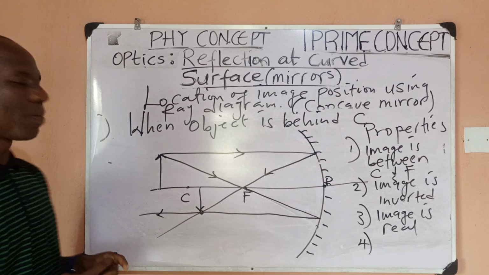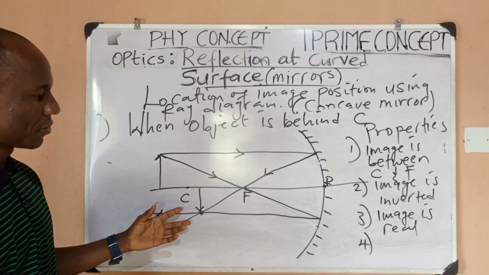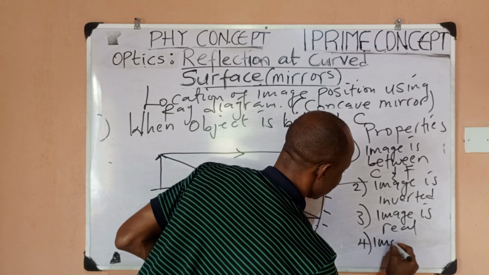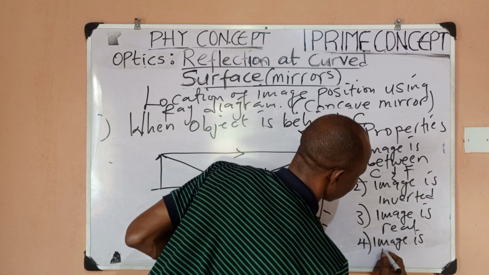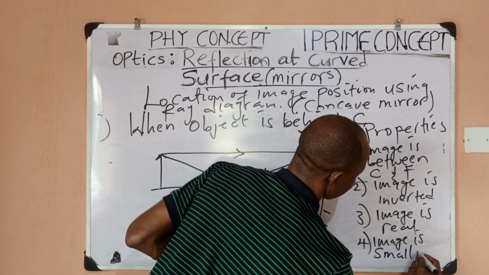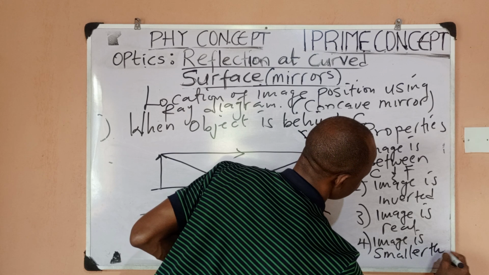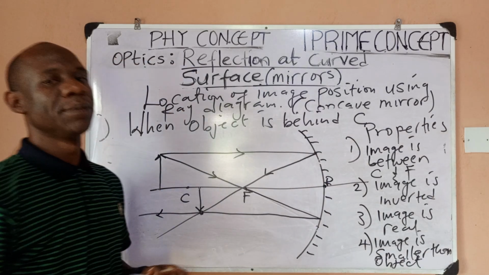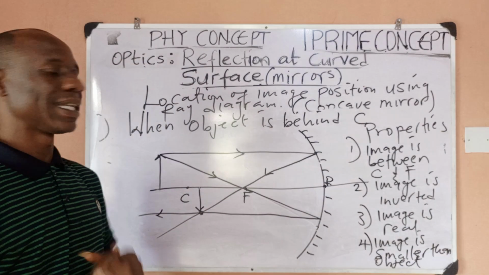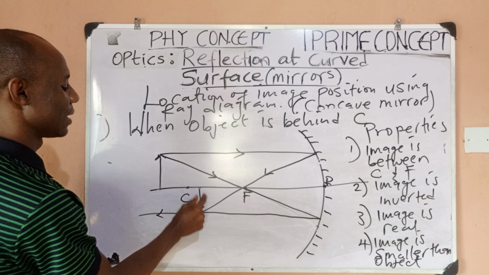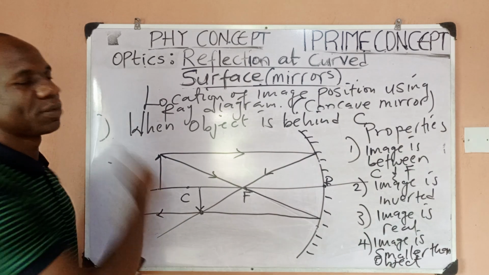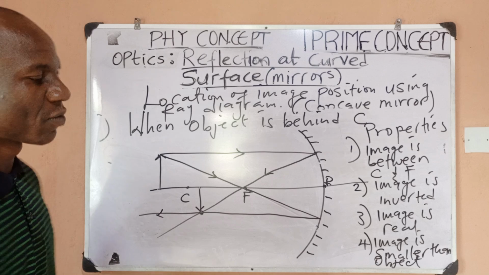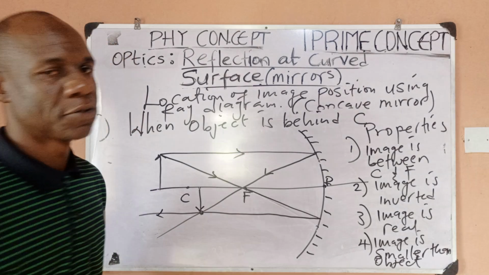Now, number four property we want to still find out from this is that the image is smaller than the object. So you can say the image is diminished. So what it means is that the image is smaller than the object. So meaning that the image is diminished. So these are some of the properties you would observe from this.